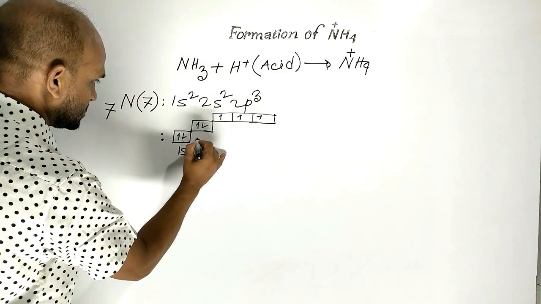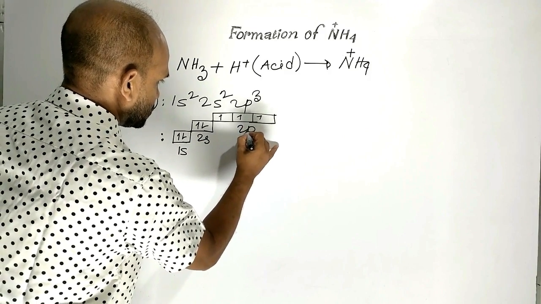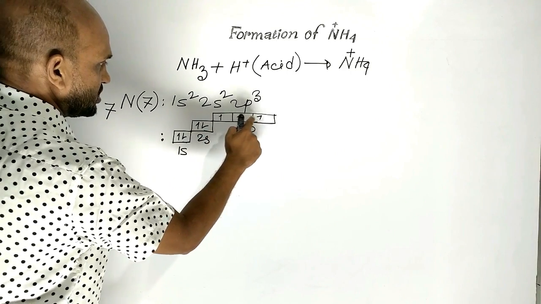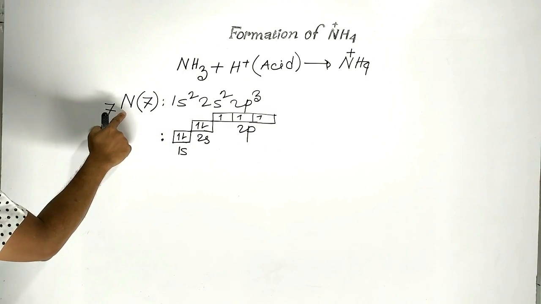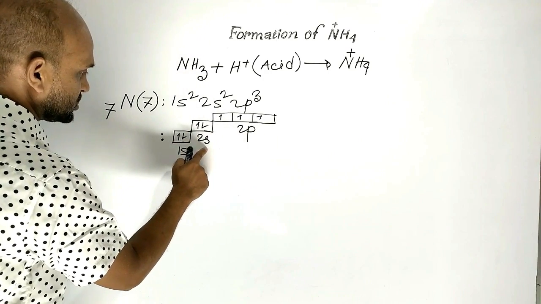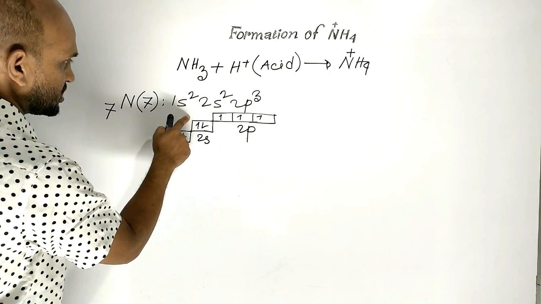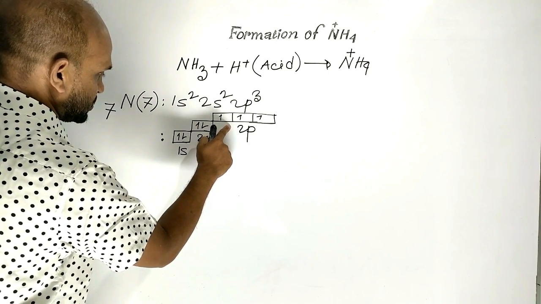This is 1s, 2s and 2p, 2px, 2py and 2pz. So nitrogen contains total 5 electrons in its outermost shell, 1 paired electron and 3 unpaired electrons.